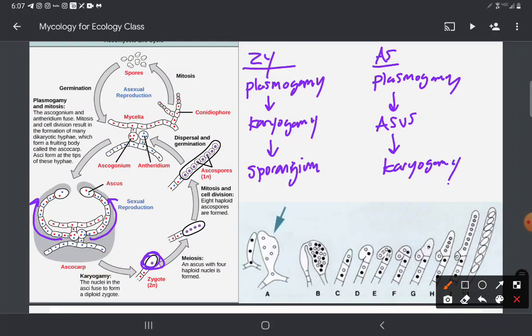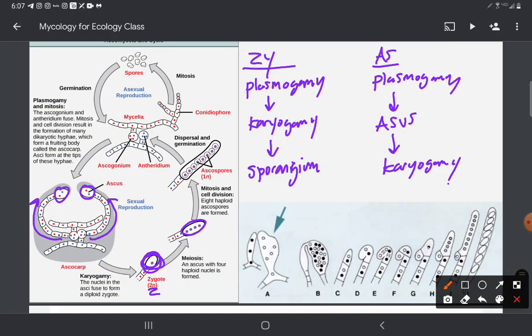Now, after karyogamy, we are 2N, because we have just combined two haploid nuclei to create this. Then we're going to create this ascus, because remember, we're fusing two of these cells here. So there's two nuclei there, and we're combining them. So that should make 4, I believe. That's not right.